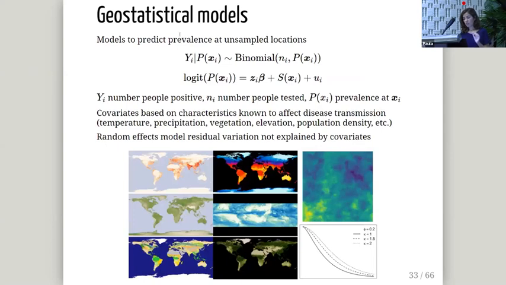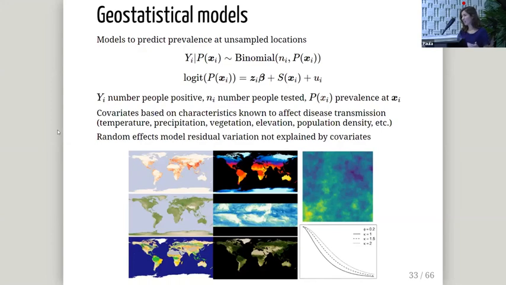Okay, so we have covariates, and then we include a spatial random process to model variability that is not explained by the covariates. Because again, I can think, okay, this disease is affected by temperature, precipitation, population density, and so on.